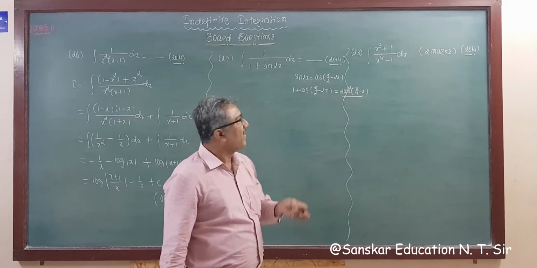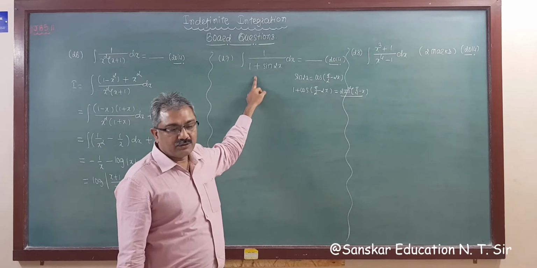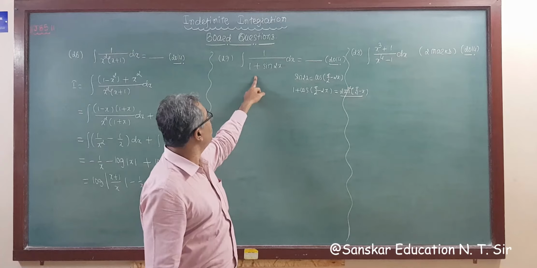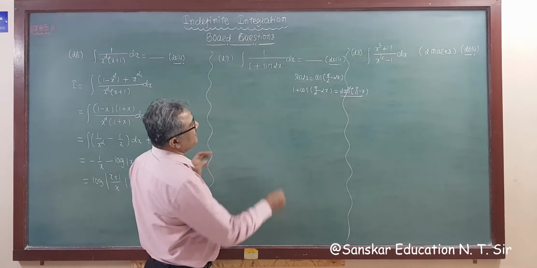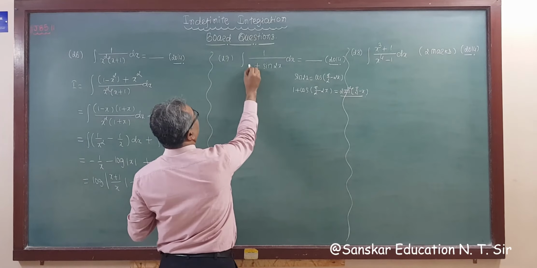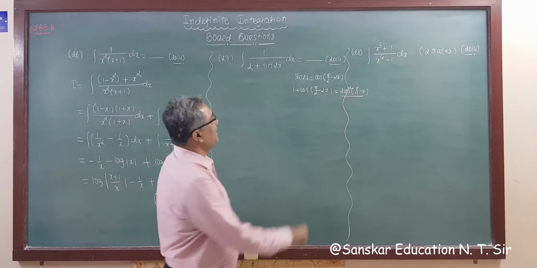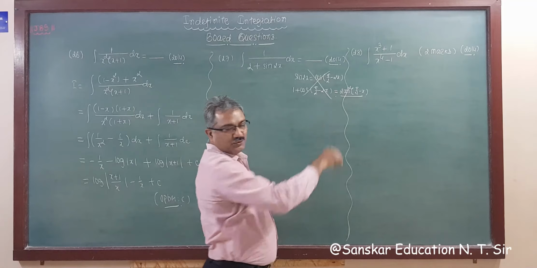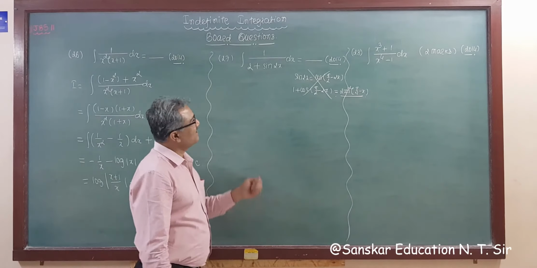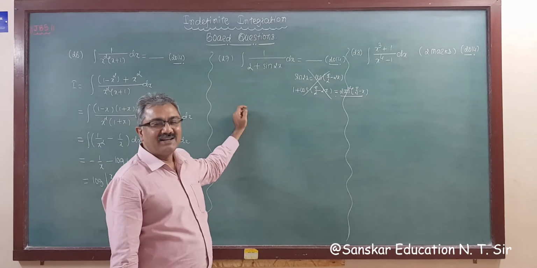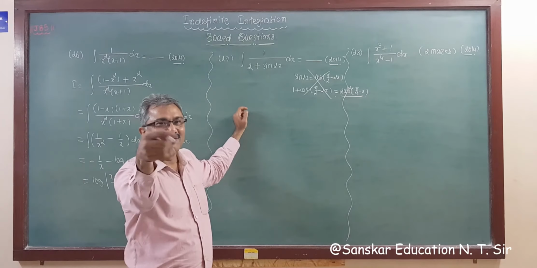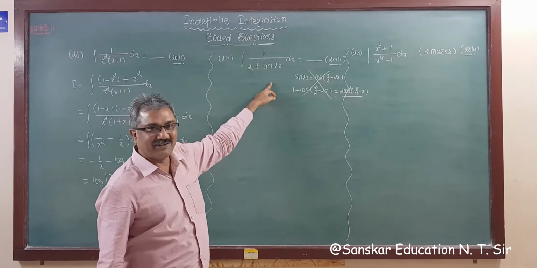But here we have 2 plus sine 2x, so that makes a difference. You are not able to apply this formula now if it is given 2. Sorry, I made a mistake. There is another question, how to solve 1 upon 1 plus sine 2x is given, right?